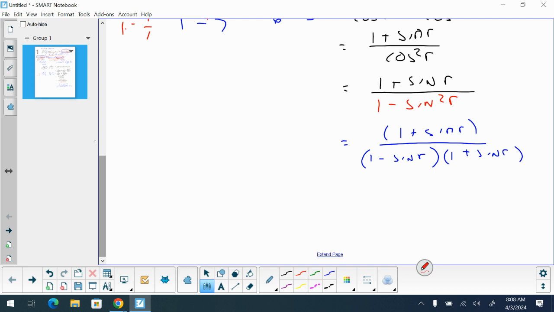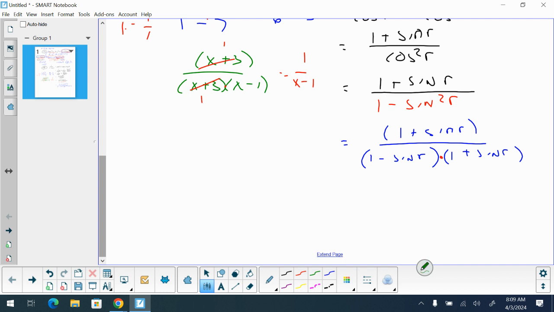Now we take a look. Now we have multiplication. Now we can cancel factors. Once again, going back to algebra, if you had x plus 3 over x plus 3 times x minus 1, since I have multiplication here, I can cancel these out, making 1 and 1 to give us 1 over x minus 1.